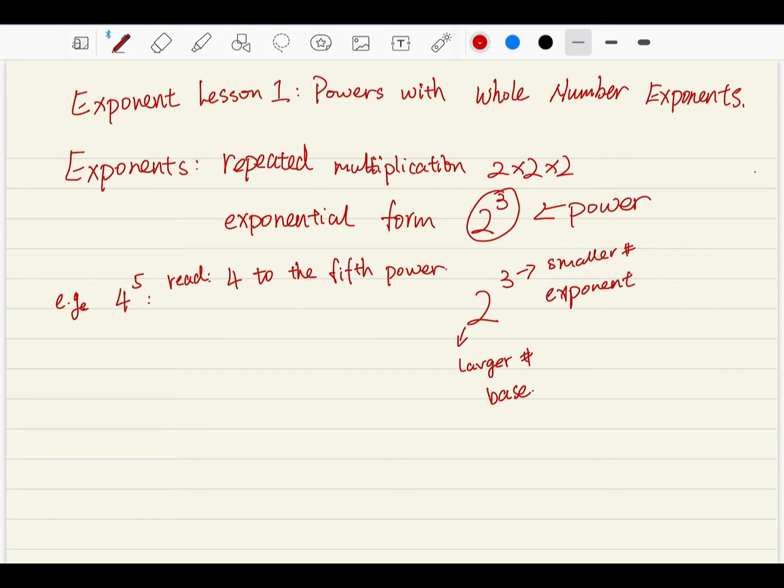The smaller one is the exponent, and the larger one is the base. What's the meaning of this? It means 4 times itself 5 times, like this. So what's the value of this one? It's 1024.